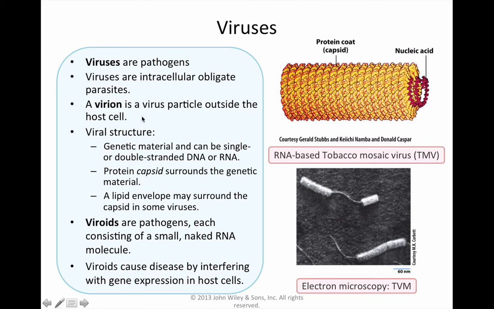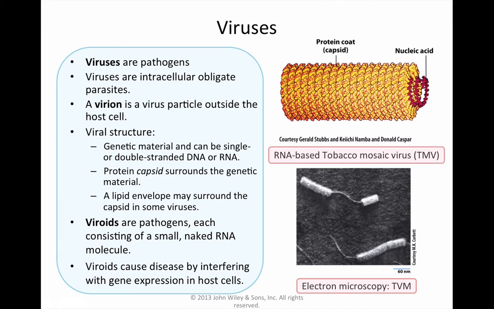Now, the basic structure of a virus includes genetic material, often a protein capsid around that genetic material. And some viruses may have a lipid envelope around the outside. This genetic material can be single-stranded or double-stranded DNA or RNA.